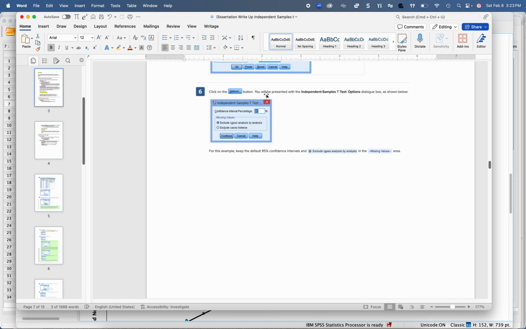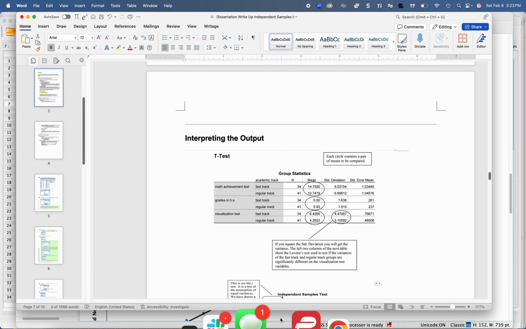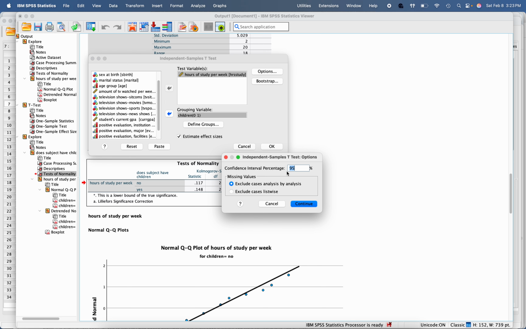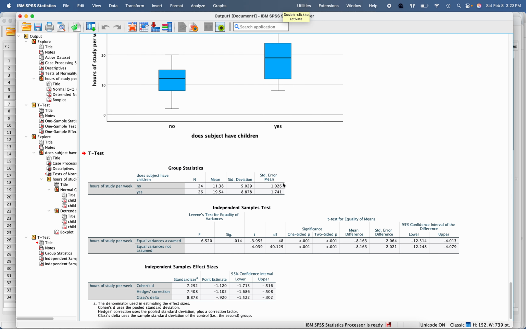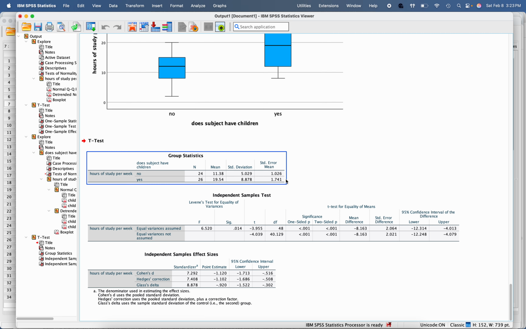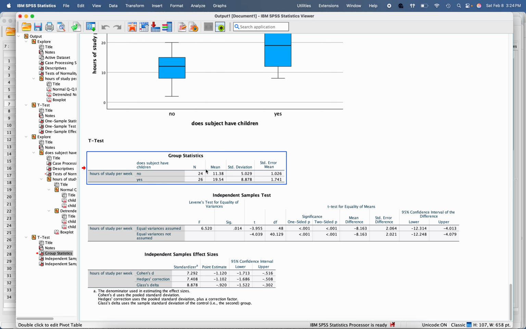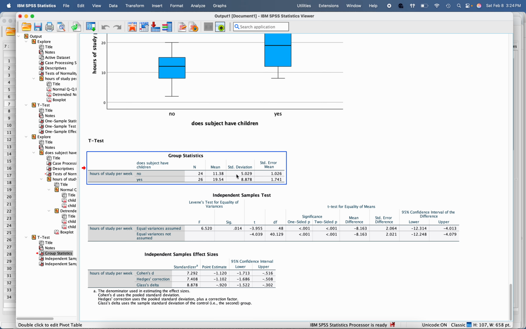Then I'm going to click options, and I want to make sure that I see a 95% confidence interval. It is set to 95, so I'm going to run my test. Remember, this is the group statistics table, so this is just telling me that those who don't have children study on average 11.38 hours.